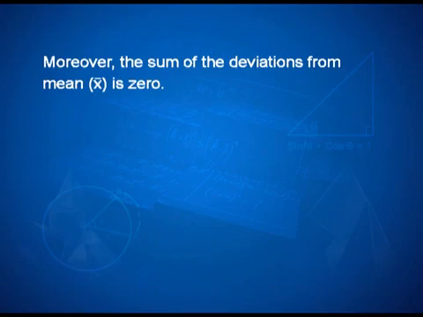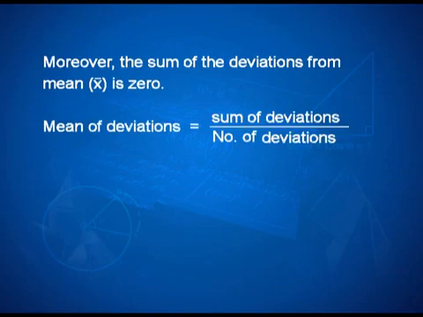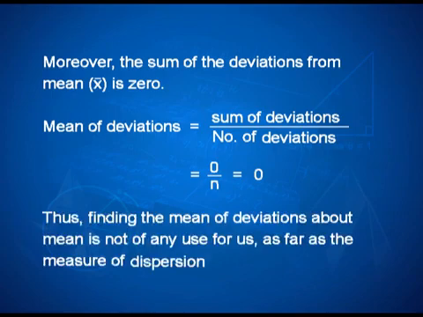Moreover, the sum of the deviations from mean x bar is 0. That is, mean of deviations is equal to sum of deviations upon number of deviations, that is 0 upon n, which is equal to 0. Thus, finding the mean of deviations about mean is not of any use for us as far as the measure of dispersion is concerned.